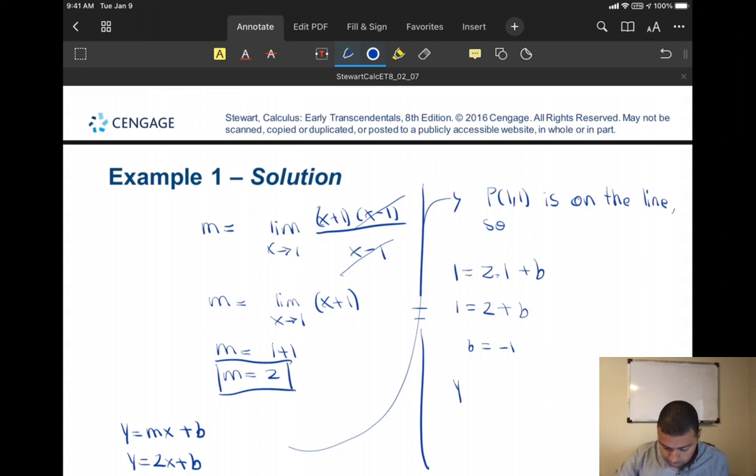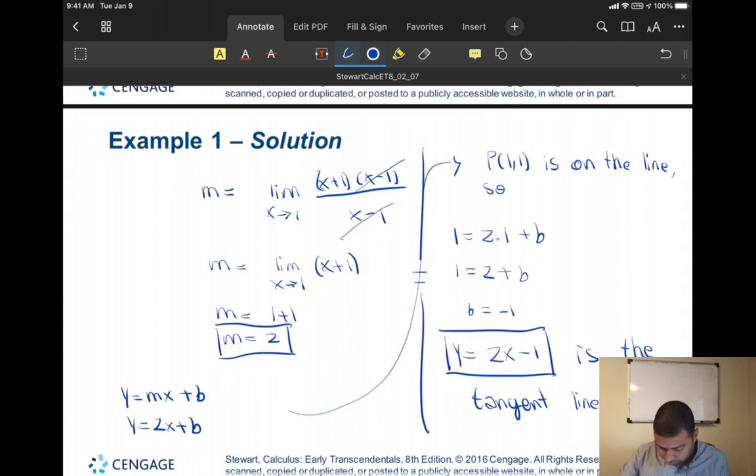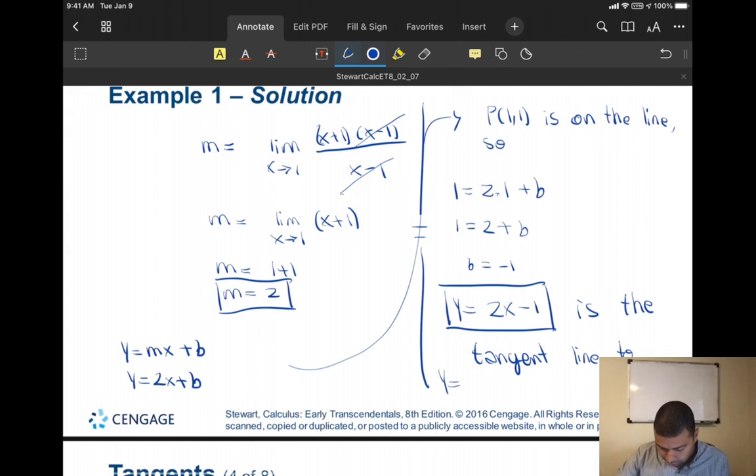So y equals 2x minus 1 is the tangent line to y equals x squared at the point (1, 1).